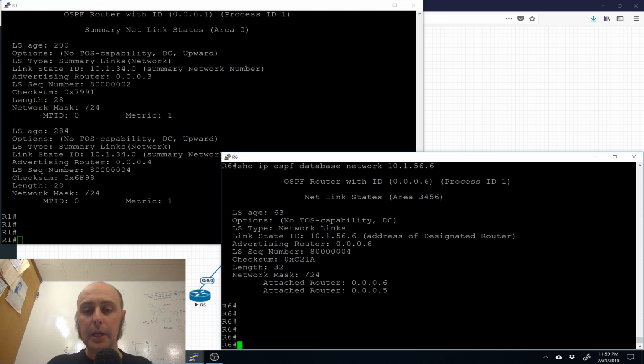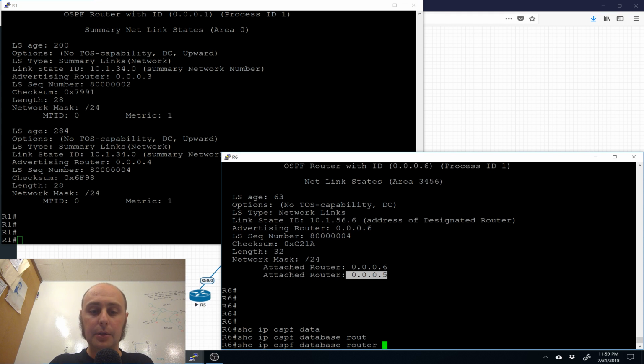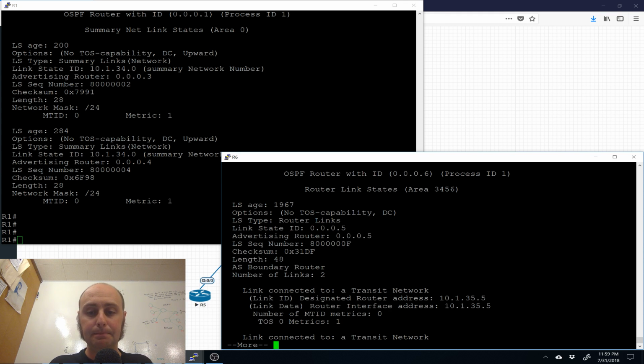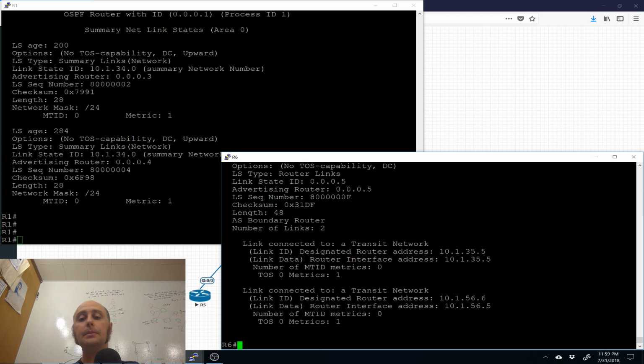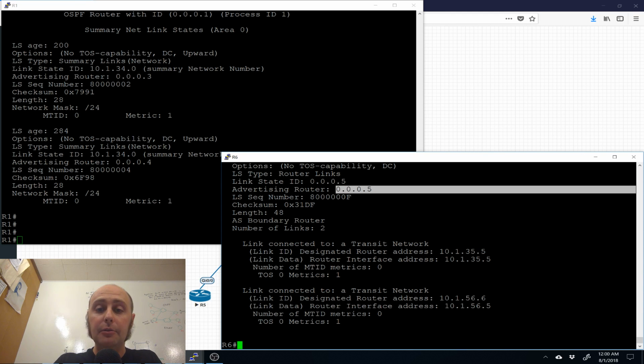All right, so now let's go ahead and while we're here, take a look at router 5. Show IP OSPF database router 5. And again, this is just a wash, rinse, repeat. Here's our router 5. We have 2 links.